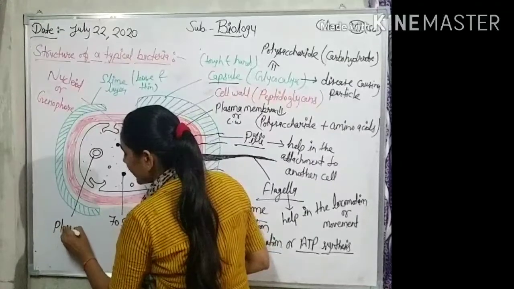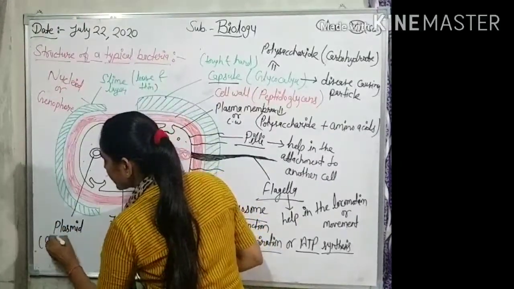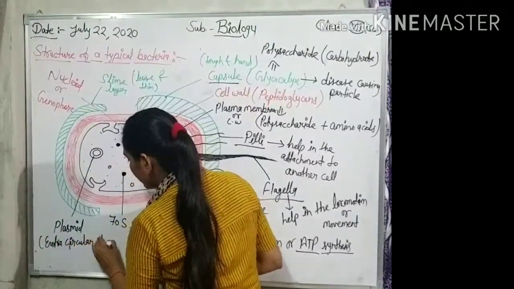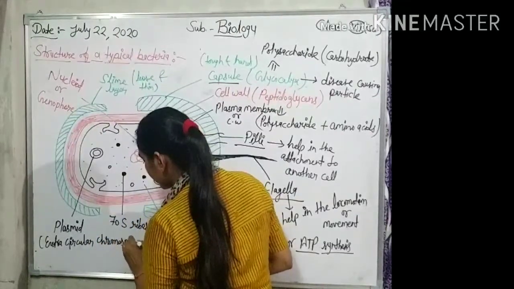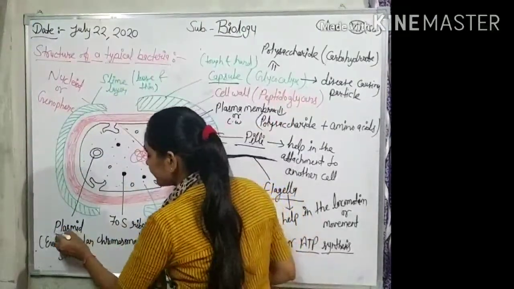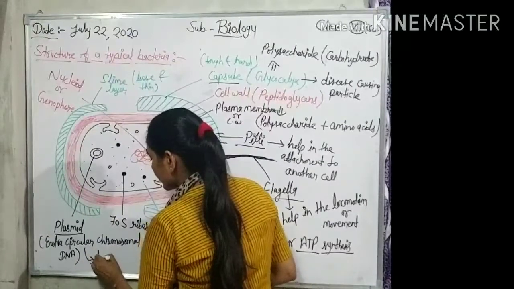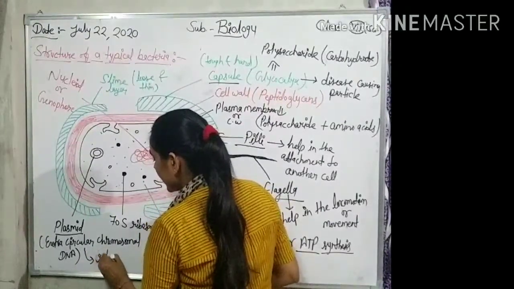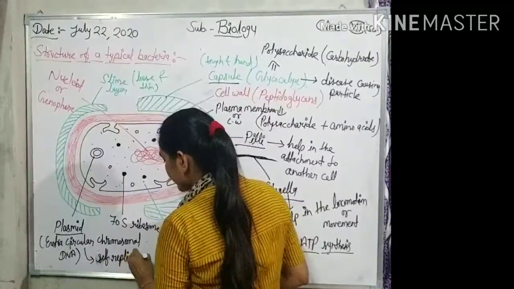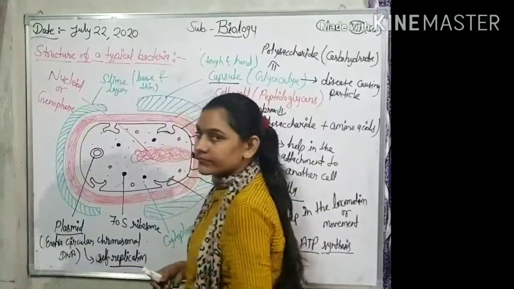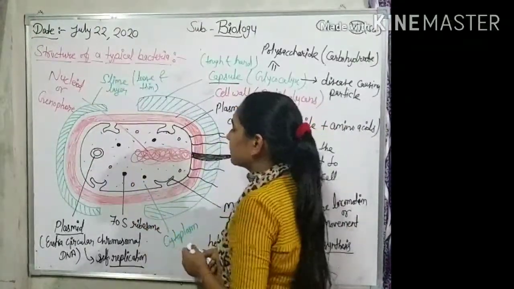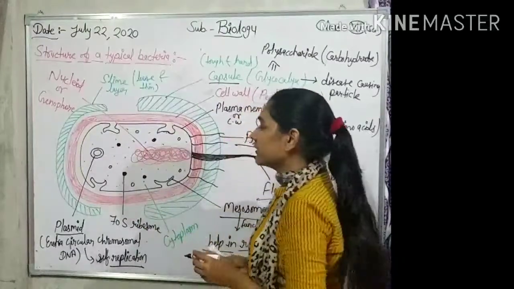It is called plasmid, extrachromosomal DNA. Property: self replication. Replication means it makes its own copies by itself, it is fully independent.